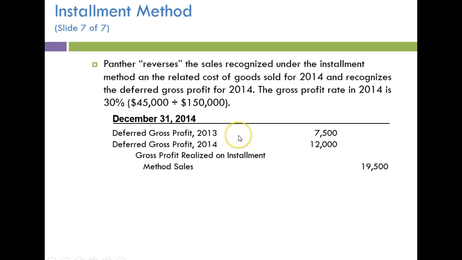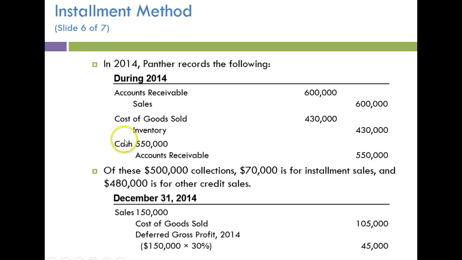So we're showing here that 150 that was under the installment agreement, it reverses the sales, reverses our cost of goods sold, shows our deferred gross profit. Okay, so it's a deferred account.